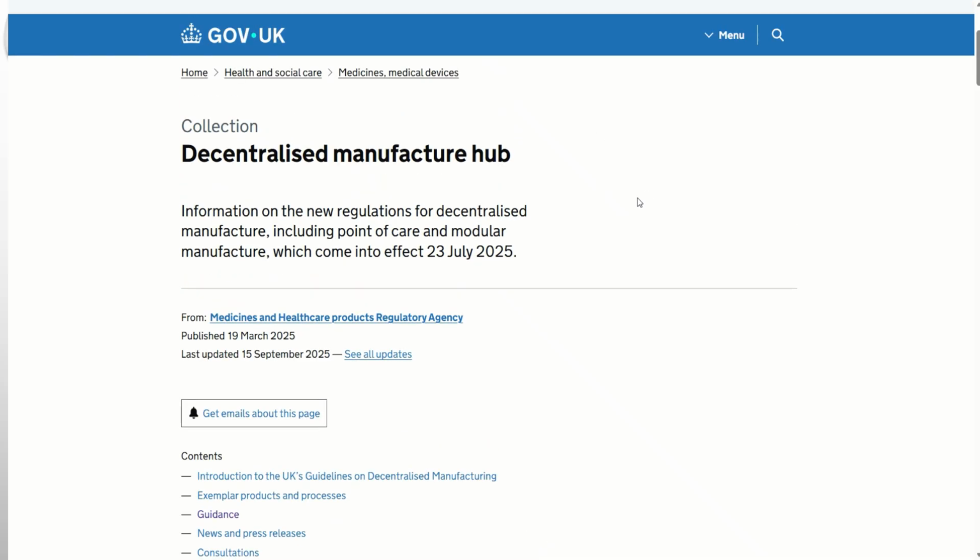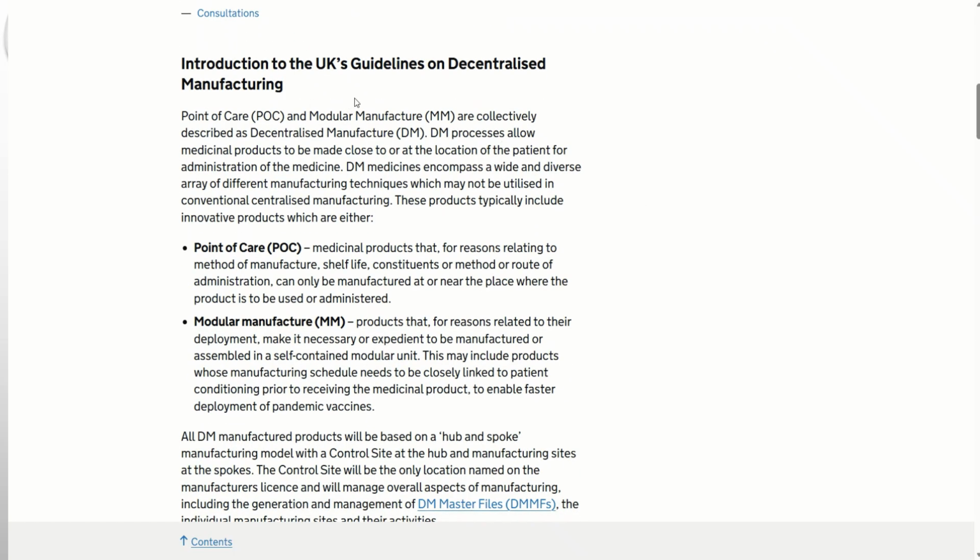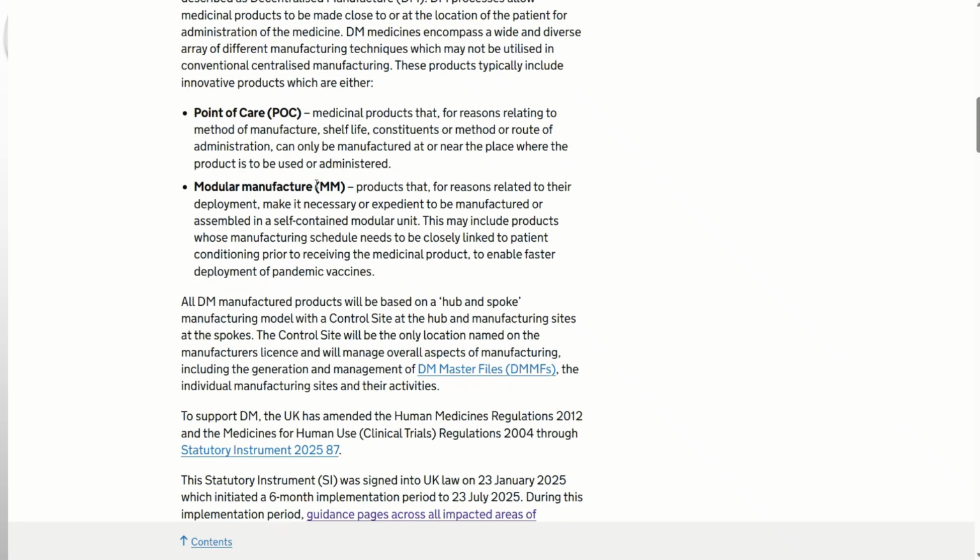This is the front page, and here it's giving you an introduction to the UK's guidelines on decentralized manufacture. Point of care and modular manufacture are collectively described as decentralized manufacture, and it's giving you the justifications for each of them.